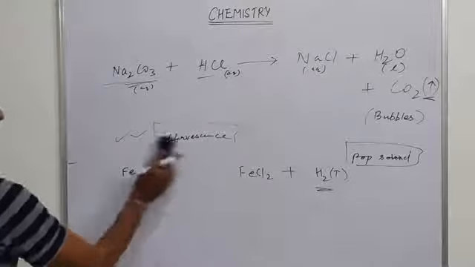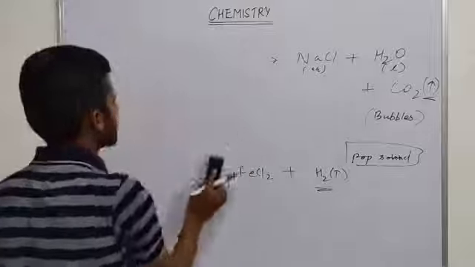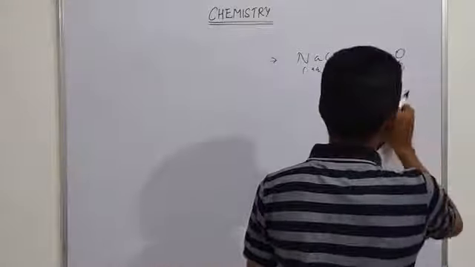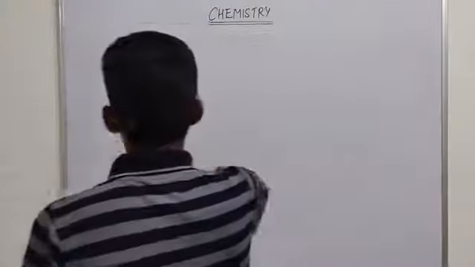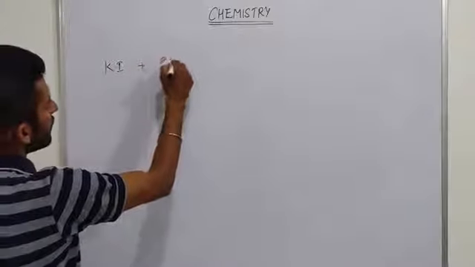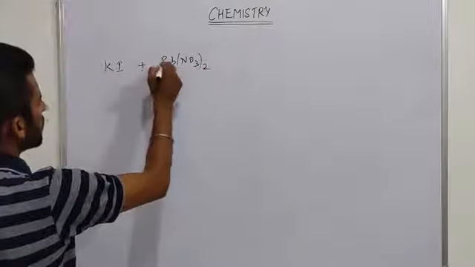Clear? Another example is the precipitation reaction, that also can be coded for the reaction of chemical changes, like when potassium iodide combines with lead nitrate. So what happens?